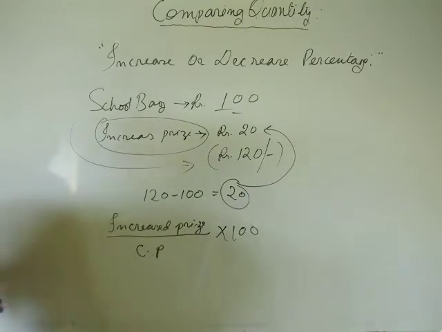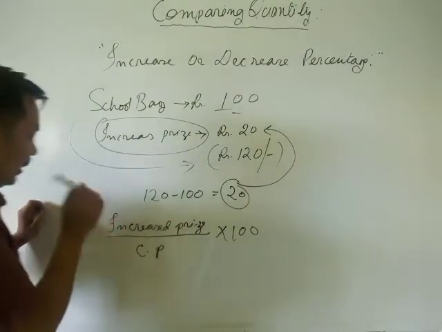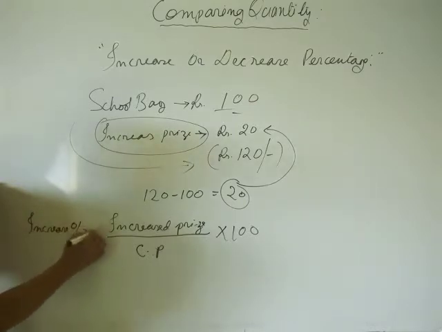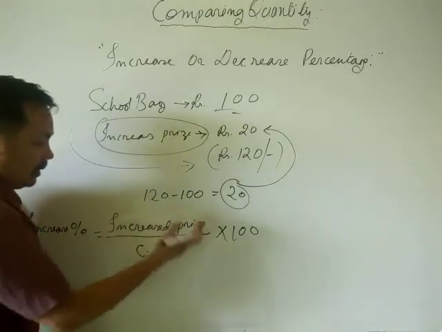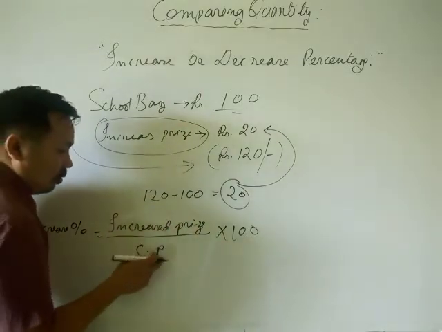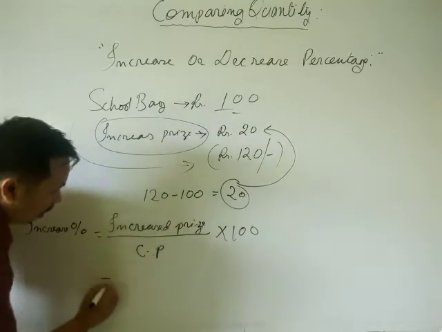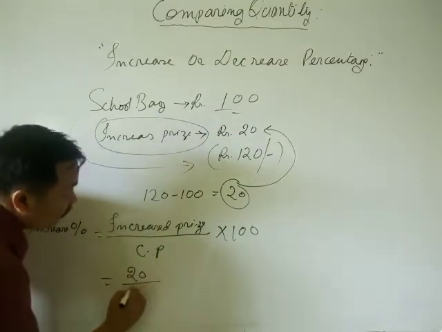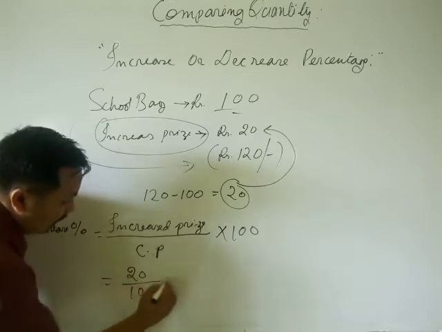To find out the increase percentage, the increase percentage will be the increase in price divided by the cost price, into 100. That means the increase in price is 20, so 20 out of 100, into 100.